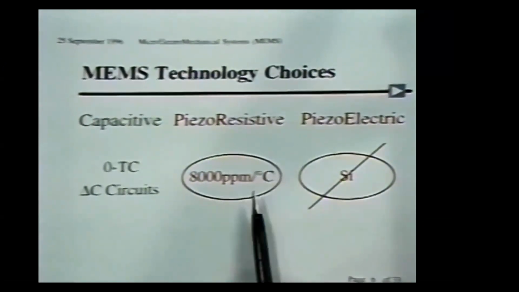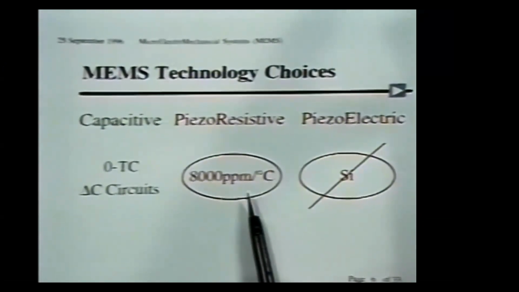Another choice, and the one that had been made by the majority of people in the mid to late 80s when we started in this business, was a piezoresistive transduction mechanism.